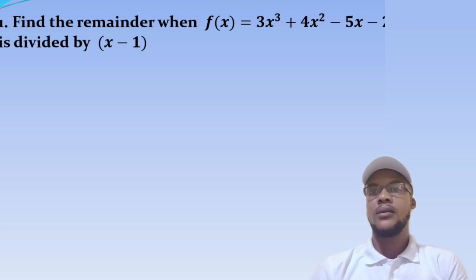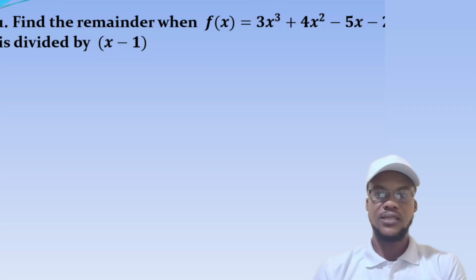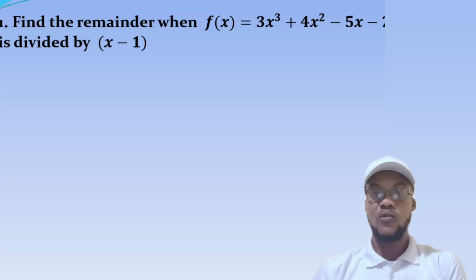When we do the long division or the synthetic approach, you can use this once you realize that the divisor is x minus 1. Because it is a linear form, you can use the synthetic approach to find the remainder.